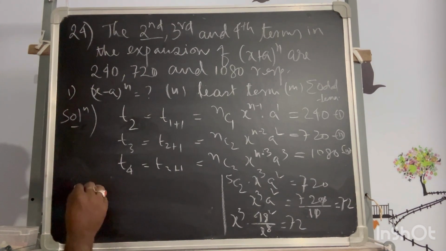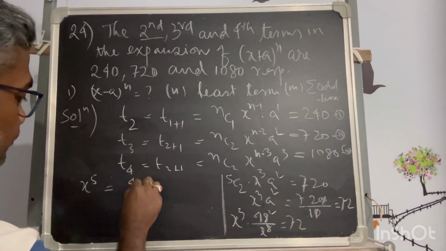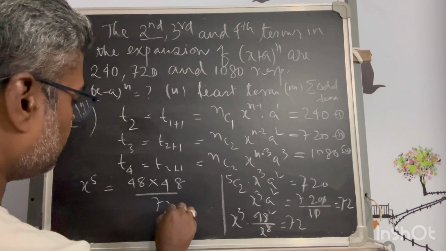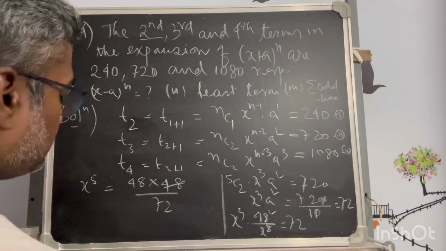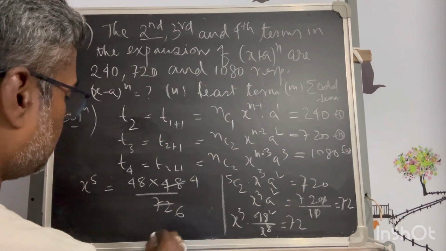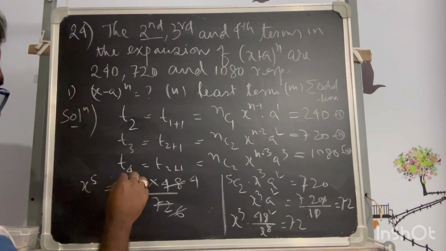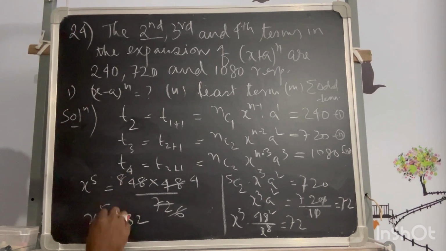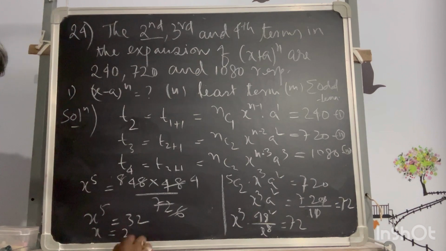So x to the power 5 is equal to 48 into 48 divided by 72. 12 4s are 48, 12 6s are 72, 8 means 32. x to the power 5 is equal to 32. x is equal to 2.